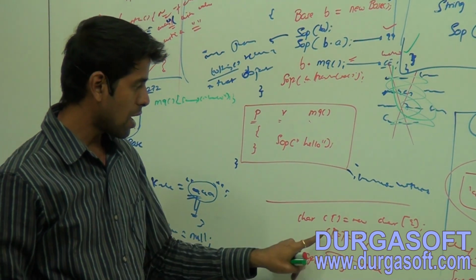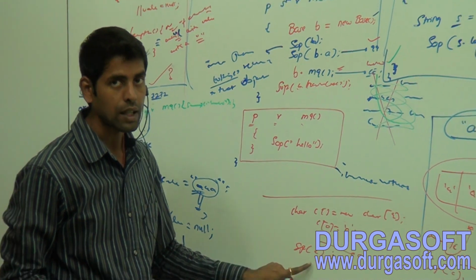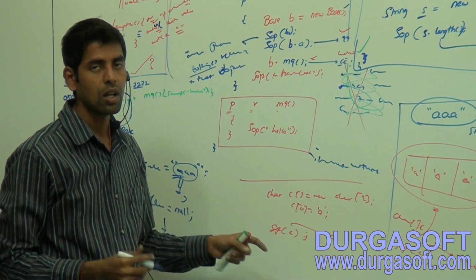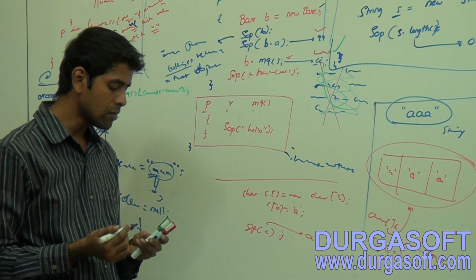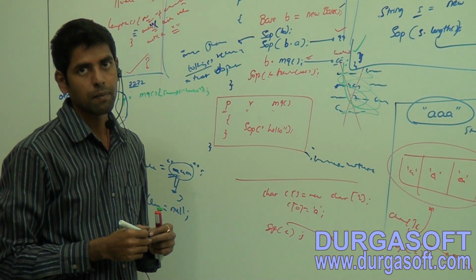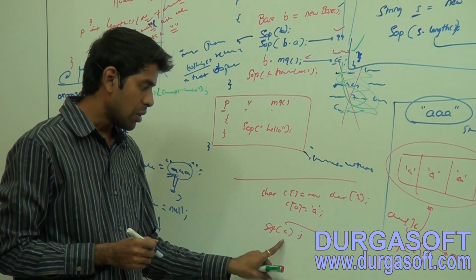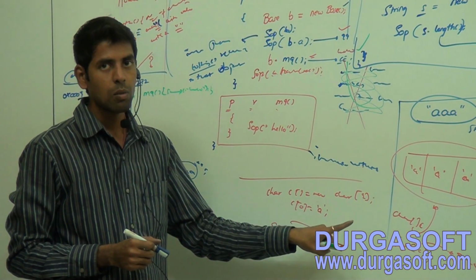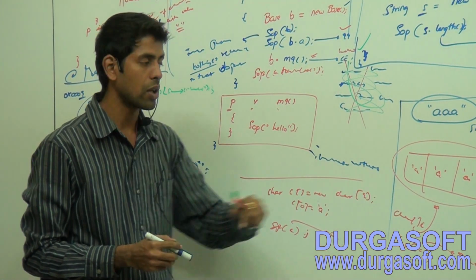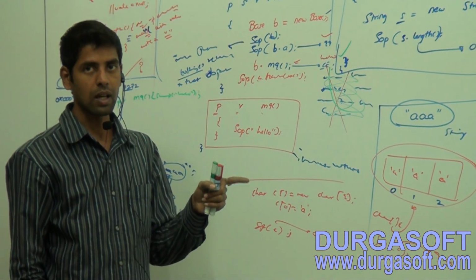Now I am passing the c reference variable as an argument to the println statement. Now what happens? Simple thing. It will give the data available within the char array.